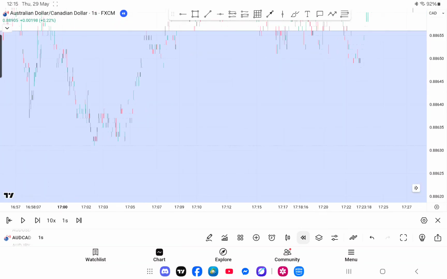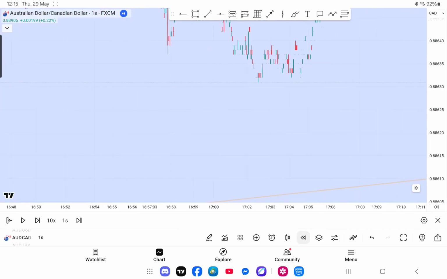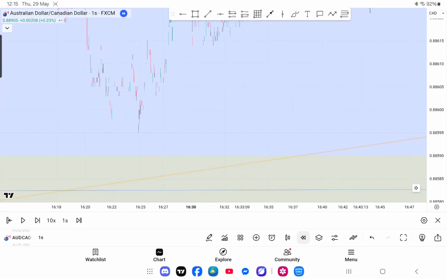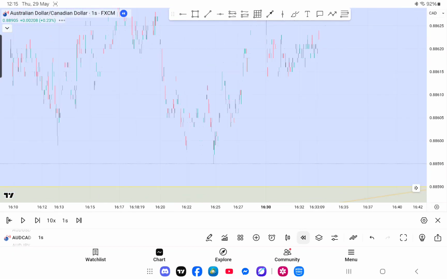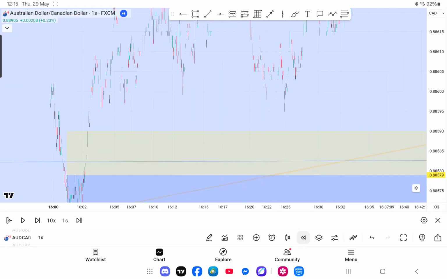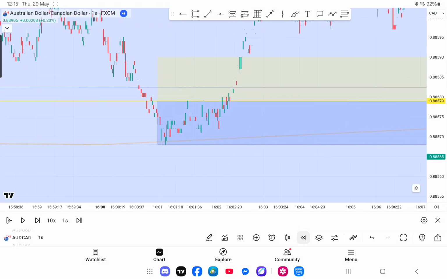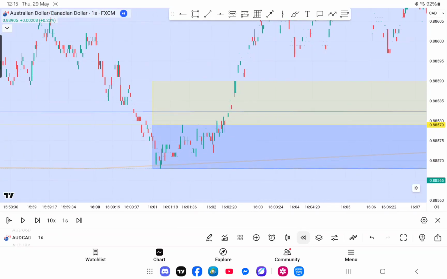Well, carrying on looking on the 1 second, because I didn't actually look on the seconds myself, so very bitty and grainy. Yeah, it doesn't look fantastic.